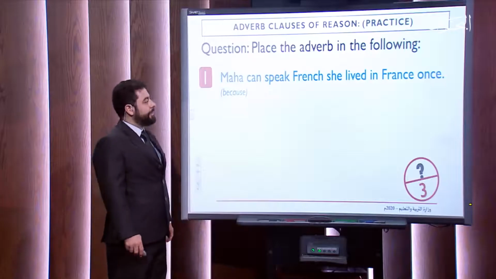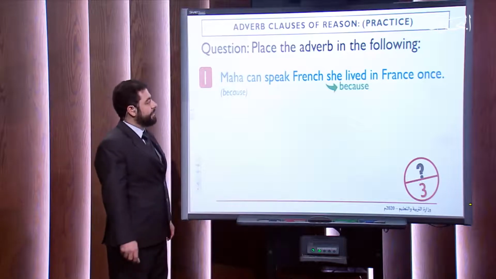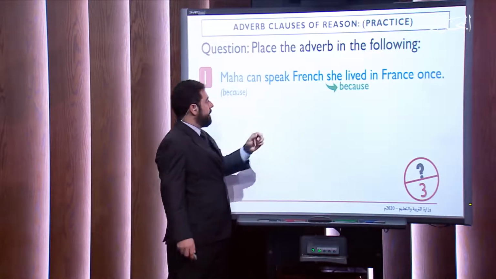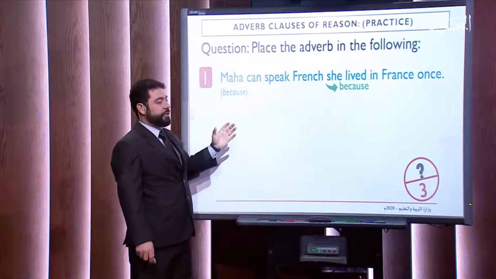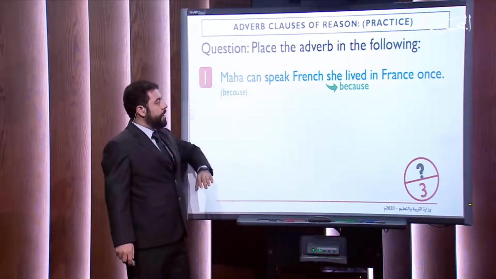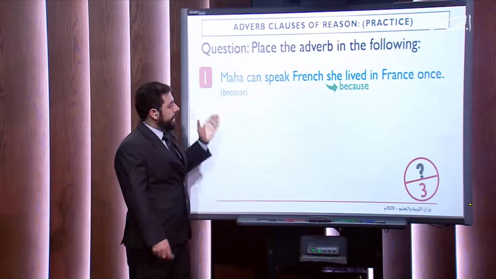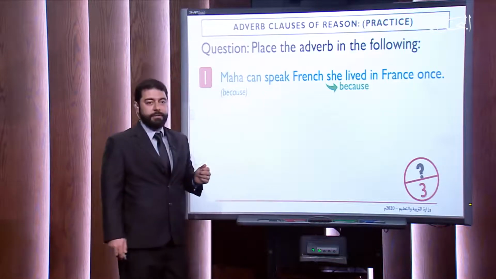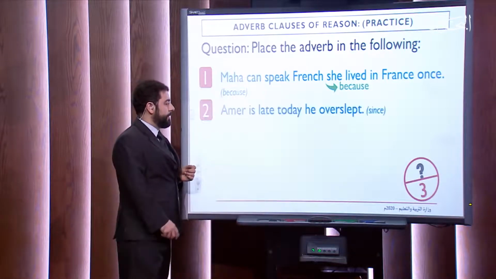Okay, let's check. The answer is right here. Maha can speak French. This is the main clause. So I add an adverb clause. I say, because she lived in France once. All right, let's check the other one.